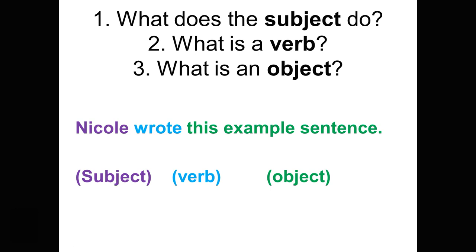And what is an object? Nicole wrote this example sentence. So subject, verb, and object. As I said before, the subject is Nicole. The verb is the doing word, the action that's being undertaken. And the object is the example sentence.